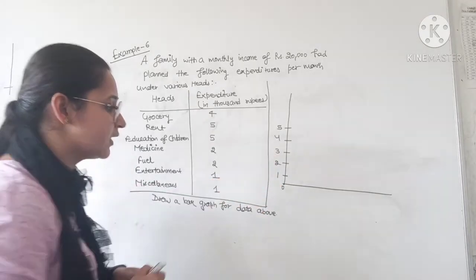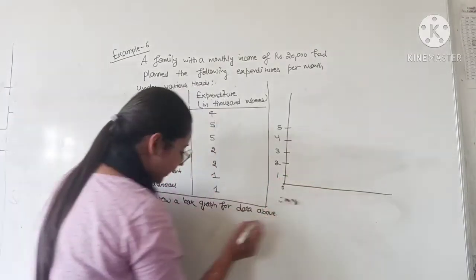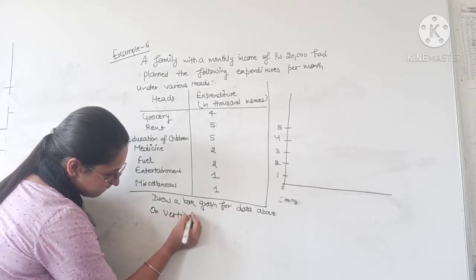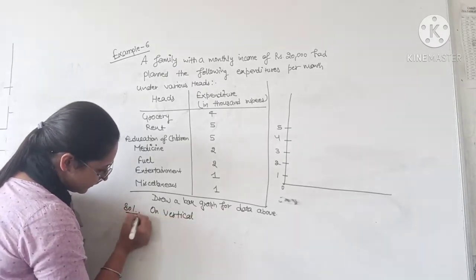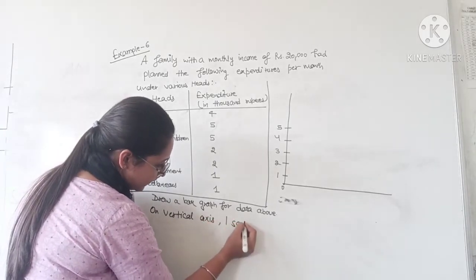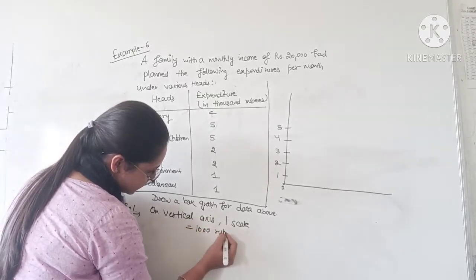So on the vertical axis, one scale unit is equal to 1,000 rupees.